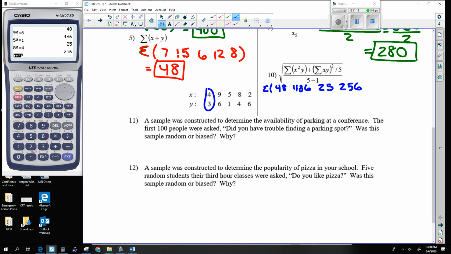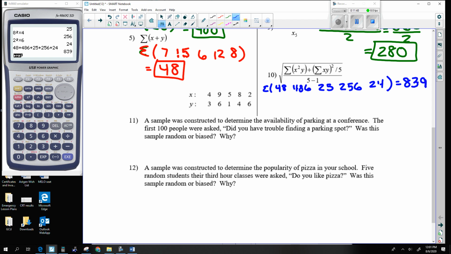Next one is the 2 and the 6, so x squared y. 839. Okay, so that is that first summation.